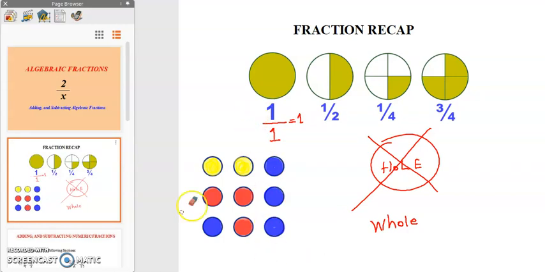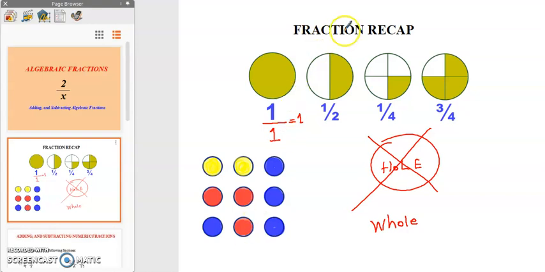Okay, moving on to the second one that says 1 over 2. In this case, we have two areas here, 1, 2. So the entire circle is comprised of two areas. Let us look at the shaded part, this green part right here. This is the section we're looking at. Let me use a different color.